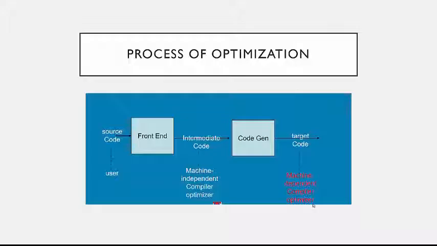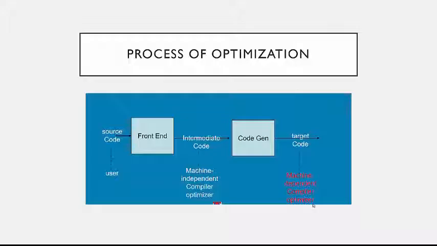First, the source code is taken from the front end and an intermediate code is generated. In here, machine independent compiler optimization is used to optimize that code.